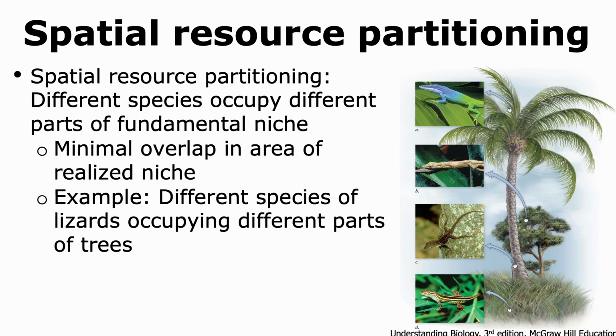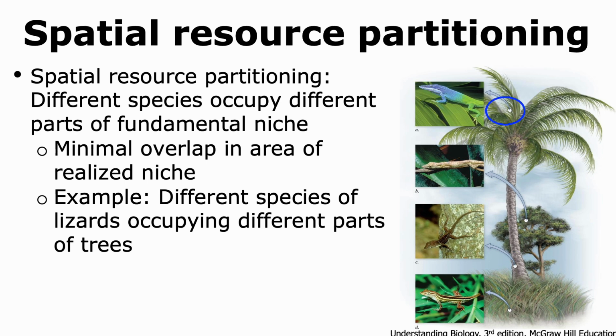Let us take the example of different species of lizards that are present in an environment, which is the fundamental niche. We can see one species of lizard present at the base of a tree, while another species of lizard is present in the trunk of the tree, which is its realized niche.